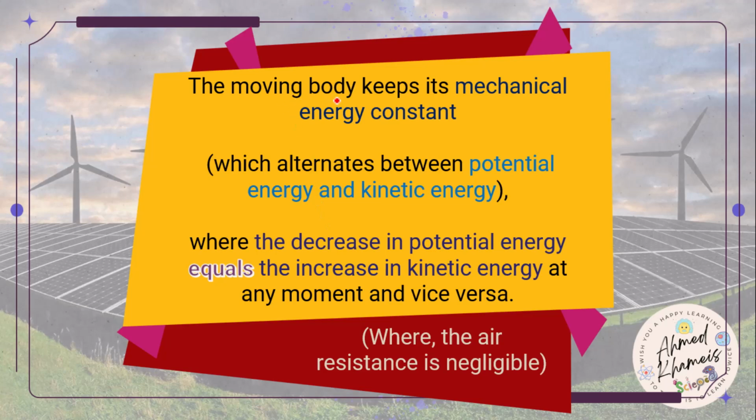So the moving body keeps its mechanical energy constant, which alternates between potential and kinetic energy, because the decrease in potential energy equals the increase in kinetic energy at any moment, and vice versa, where the resistance of air is negligible. So if there is no air resistance, the pendulum or any moving body will keep changing between potential energy and kinetic energy by the same amount.